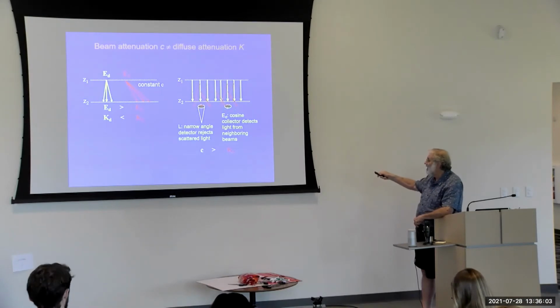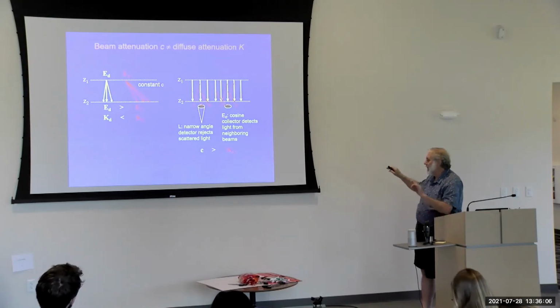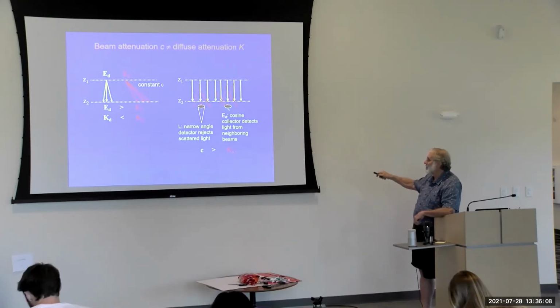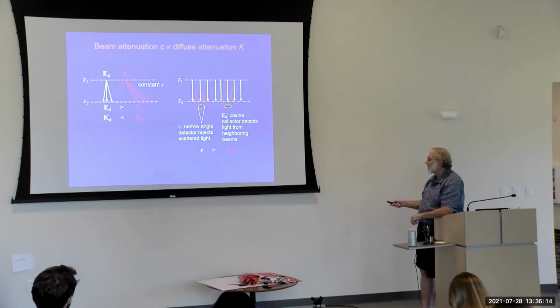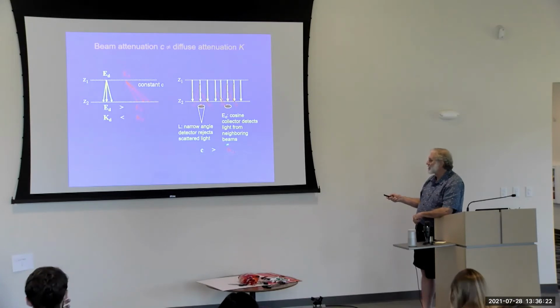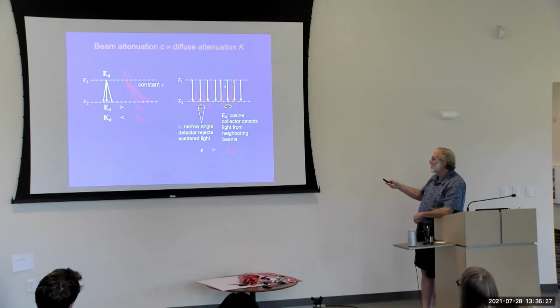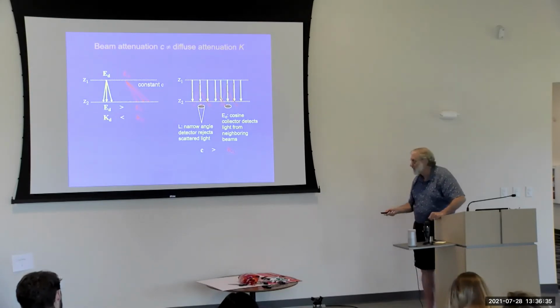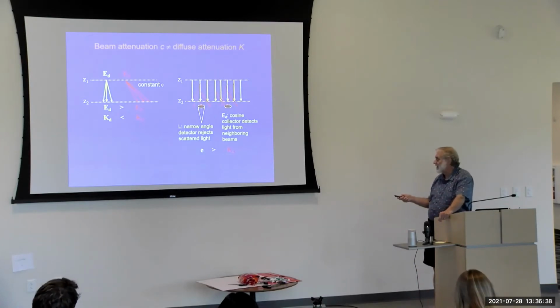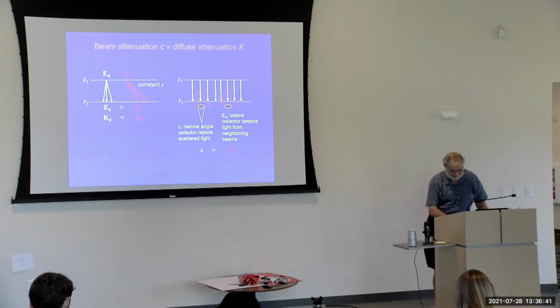So this instrument is going to come up with a bigger measurement because it's collecting light from a whole hemisphere, not just from a narrow set of angles. So you will always find that beam C is greater than KD, because KD is able to collect more light from all directions, and therefore it looks like the light going from here to here has decreased less in magnitude than just the radiance. So just keep in mind that beam C is always greater than KD.